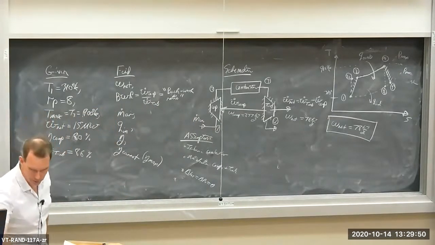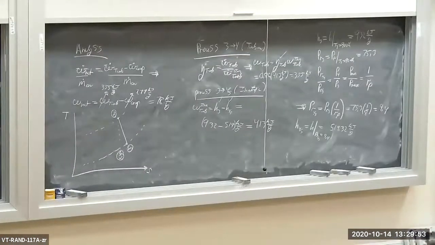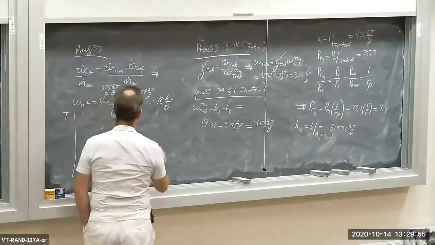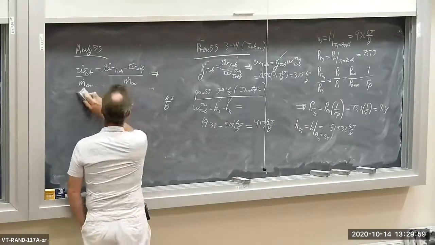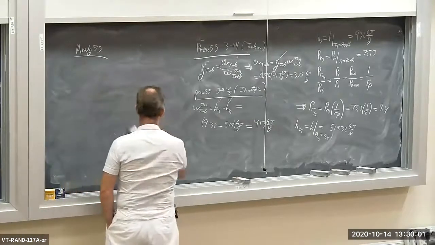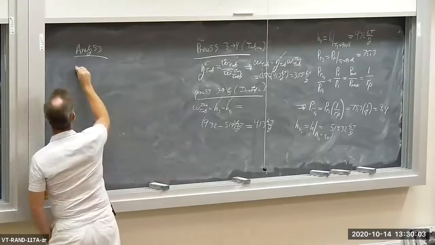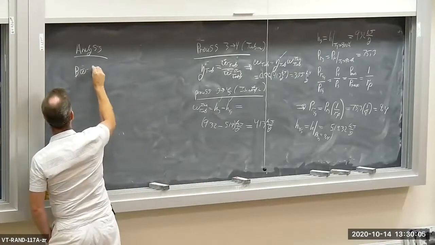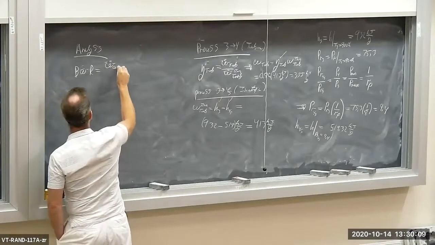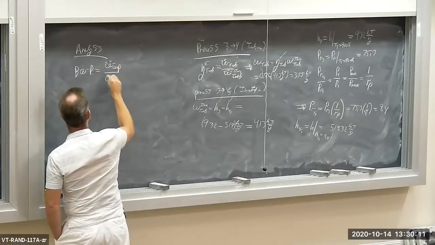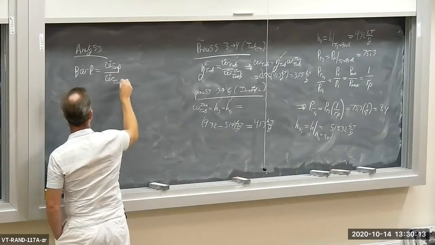Back work ratio equals W dot of the compressor divided by W dot of the turbine.